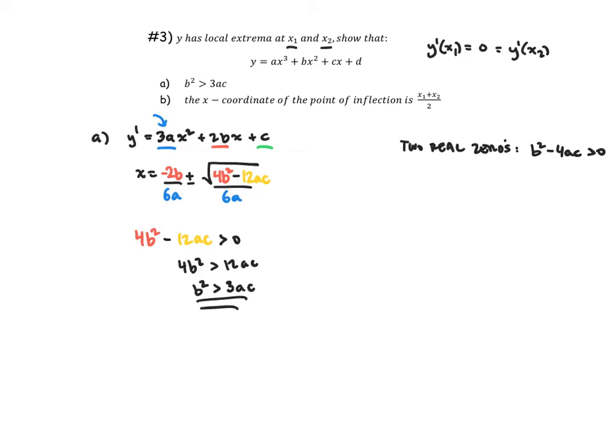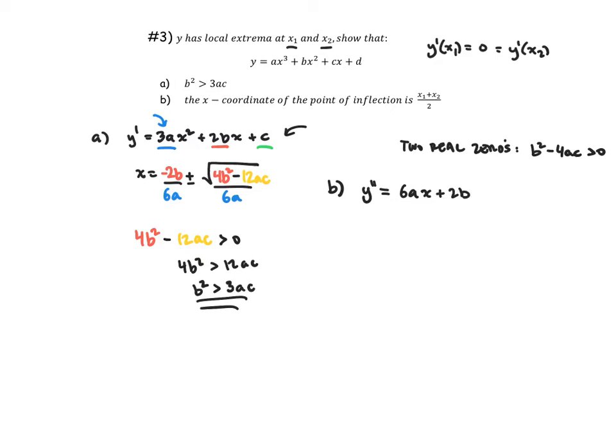Okay, now let's talk about part B. It says the x-coordinate of the point of inflection is x1 plus x2 divided by 2. Okay, so this is kind of confusing, but it's doable. Whenever we're talking about point of inflection, we need the second derivative. So the second derivative would be the derivative of the first derivative, which would be 6ax plus 2b.